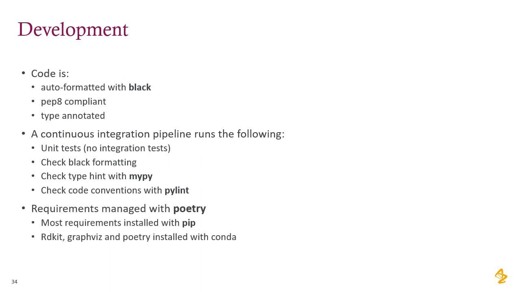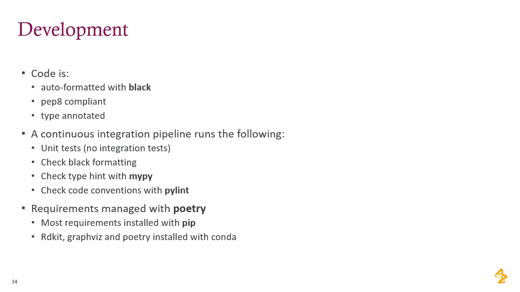Requirements are managed with the Poetry package. Most requirements are installed with a pip-like install using Poetry, but RDKit, Graphviz, and Poetry are installed with Conda. So we recommend to create a Conda environment. I know that there is an RDKit clone that is installed with PyPI, and if this becomes the official release in the future, we might change to a complete pip install.